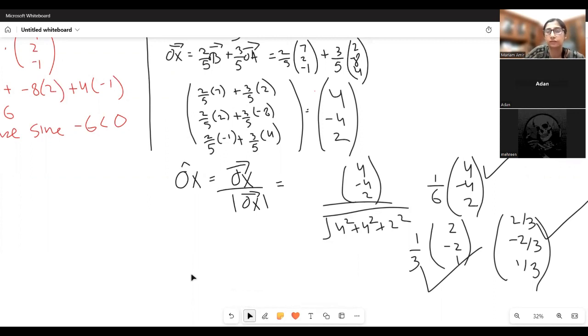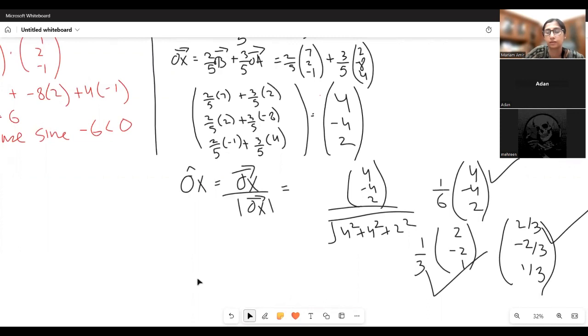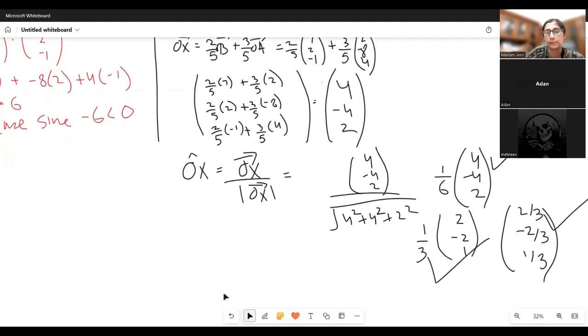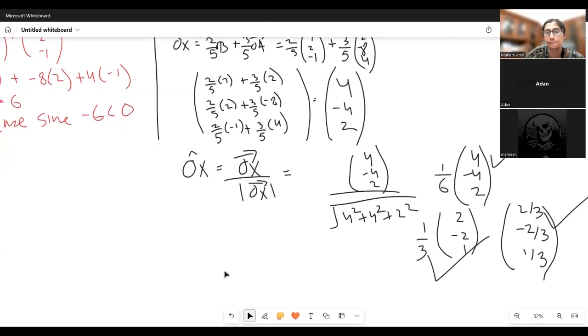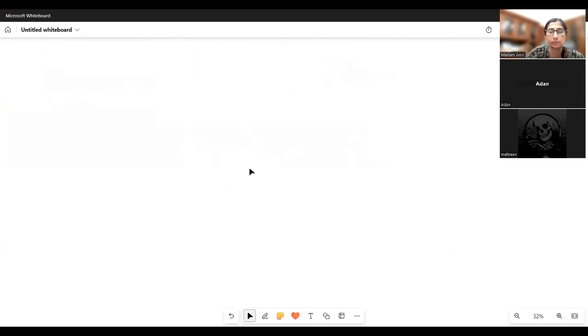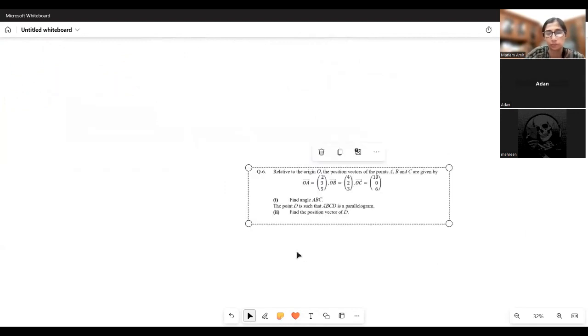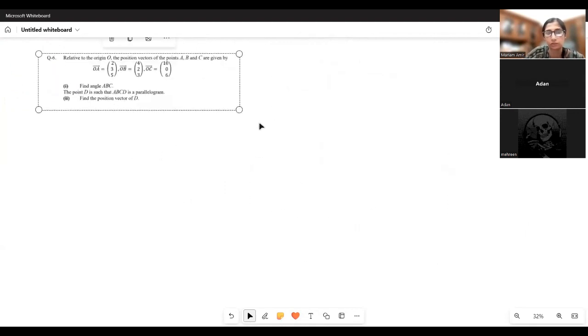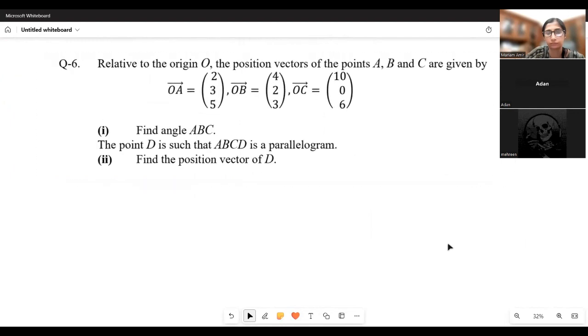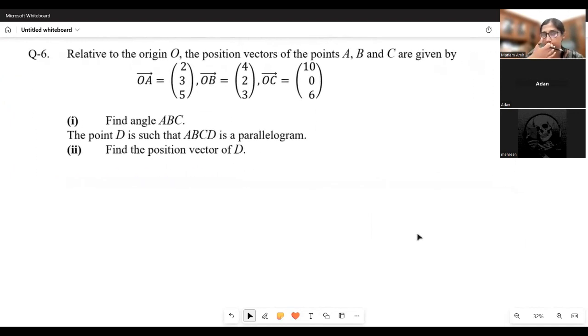Question 6. Relative to the origin O, the position vectors of points A, B, C are given by this, this, and this.